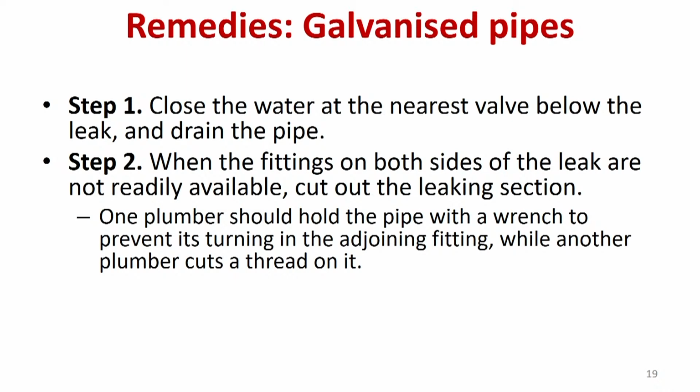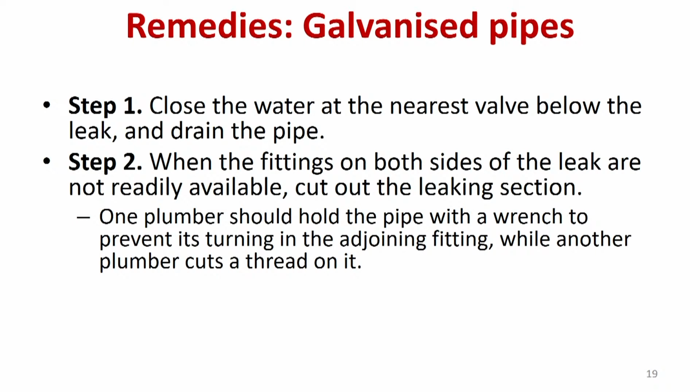When the fittings on both sides of the leak are not readily available, and that is the most likely thing you will face as a plumber technician, what you have to do is cut the leaking section, because there is no option.